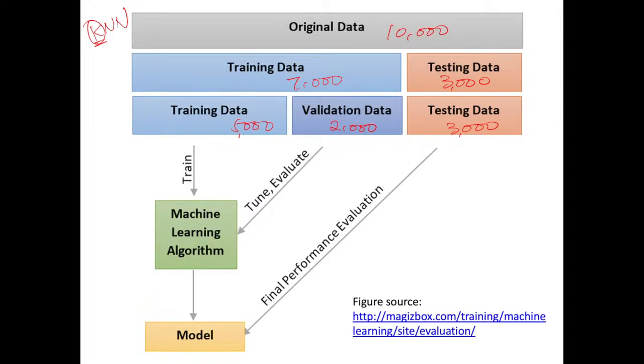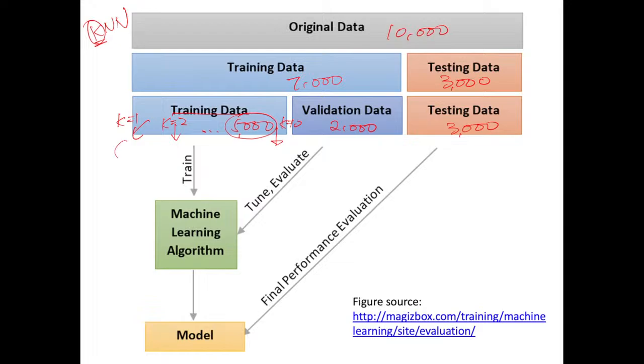You use these 5,000 training instances to build several different models using different Ks. So for example, K is 1, K is 2, up to, for example, K is 10. You use the 5,000 training data to build 10 different KNNs, where K is 1, 2, 3, up to 10.